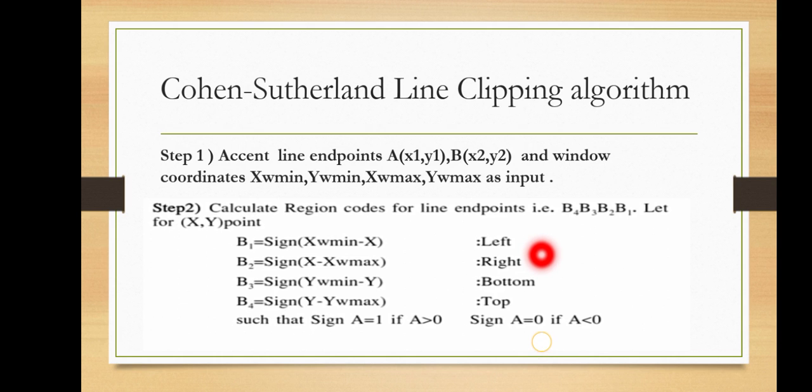This is how the region code can be calculated. You must remember those formulas. If you remember the first two, the others are the same, only with x and y changed.